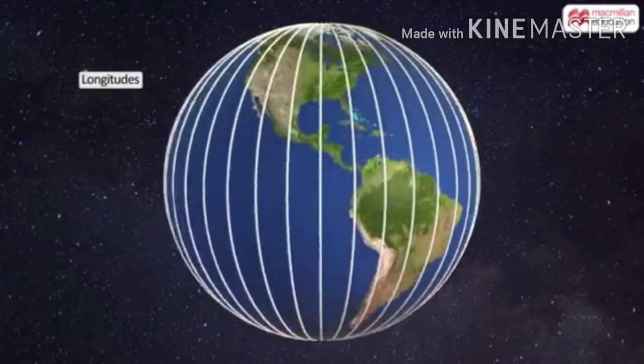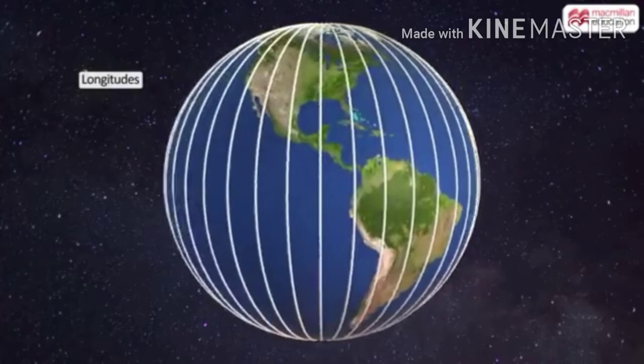Students, 0 degree latitude? Yeah, equator. 0 degree longitude? Prime meridian. It runs through Greenwich in England. This line divides the earth into eastern and western hemispheres.